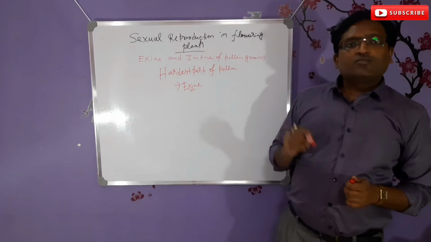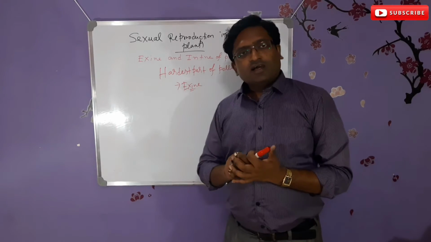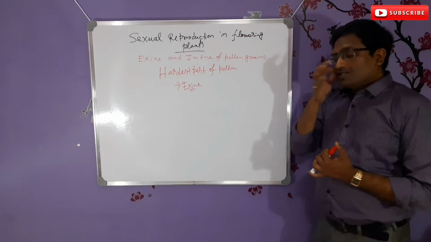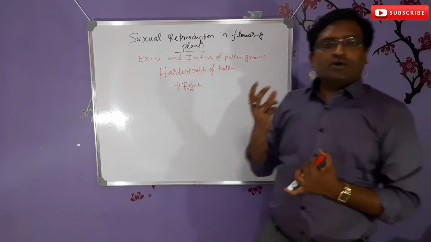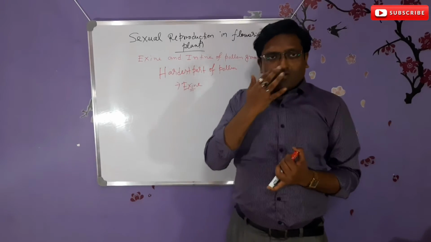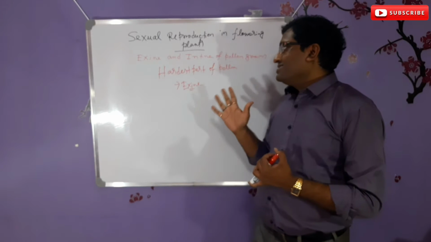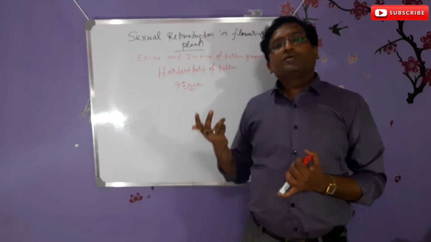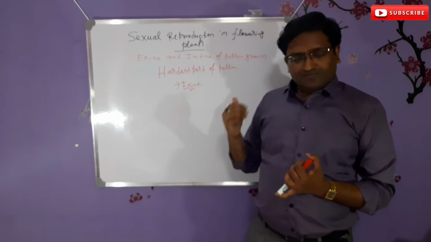It protects the pollen grains. And the inner part, inside the exine, the softer part of the pollen grain, is known as intine. So you should remember exine and intine, because in ISC the difference between exine and intine may come.